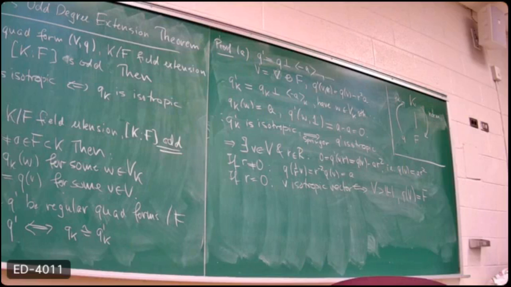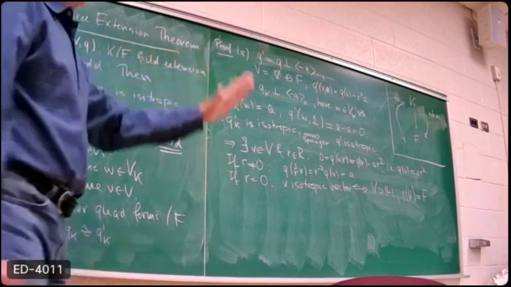So for example, C over R is okay. But R over the rational numbers is not okay. So the idea is that there is a natural function which goes from K down to F.